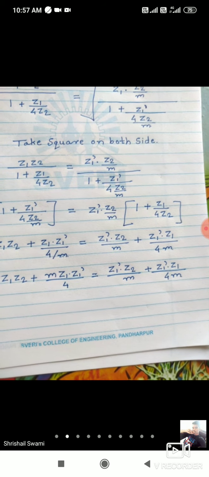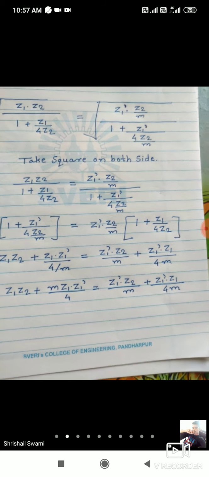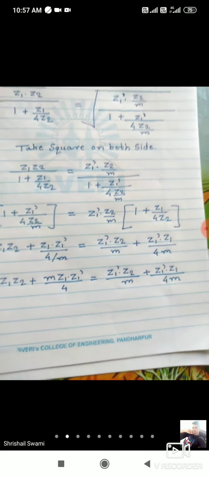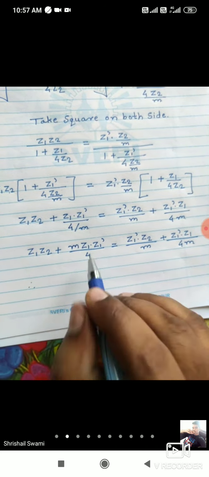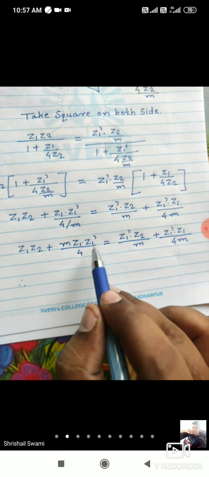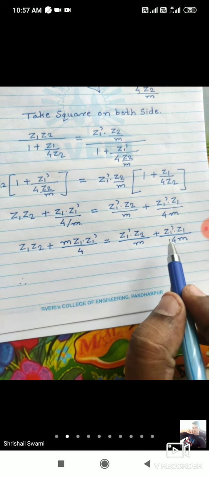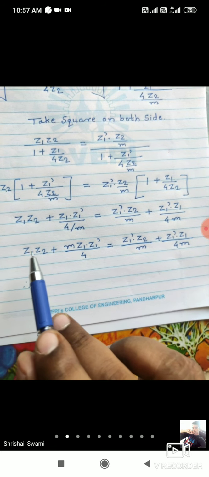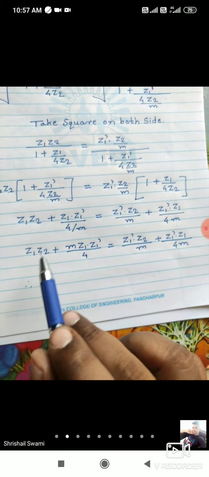मग Z1 dash चे सगळे टर्म एका साइडला घ्या and remaining term you can take in another side. So think here, this part you can take in another side, कारण प्रत्येकामध्ये here Z1 dash is there, here Z1 dash is there, here Z1 dash is there. So only this part is remaining, this will be in the right hand side.